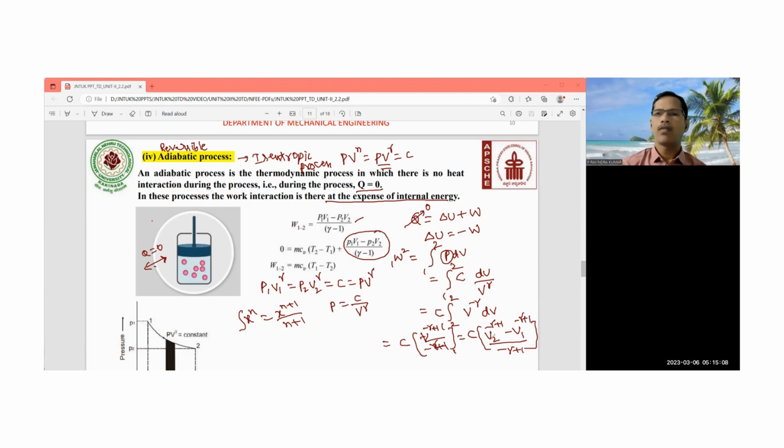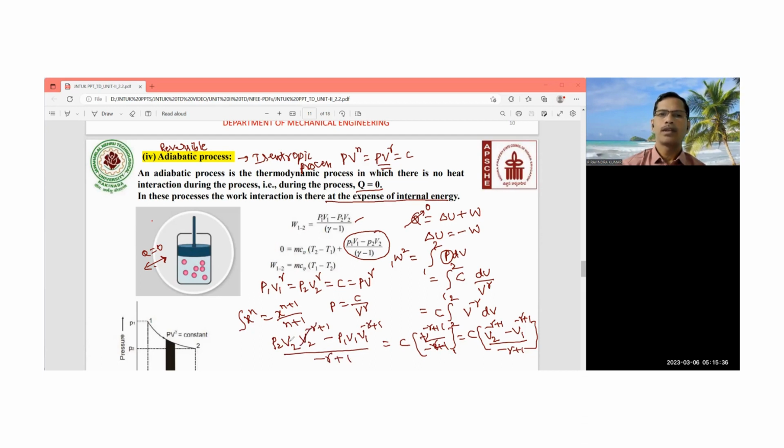But what about this C? See, here there is a volume V2 there. So I will write that in this way, that is P2 V2 and V2 to the power of minus gamma plus 1, minus, again here it is P1 V1 and V1 to the power of minus gamma plus 1, divided by minus gamma plus 1.